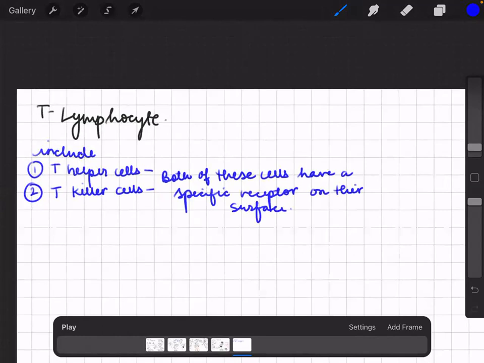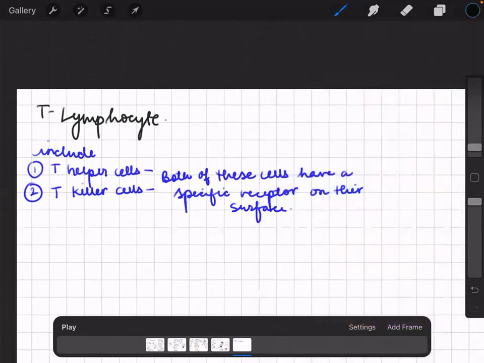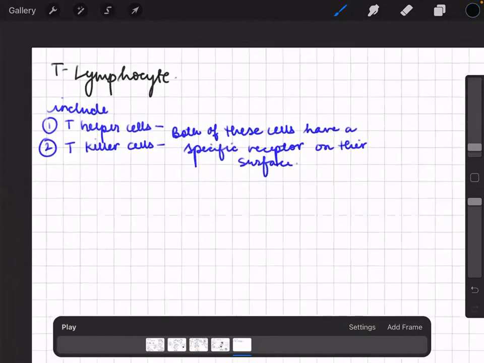Okay, now what this receptor does is the key to their entire activity. What these receptors allow your T cells to do is they basically allow them to make multiple clones of themselves.